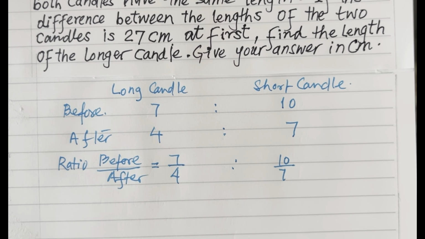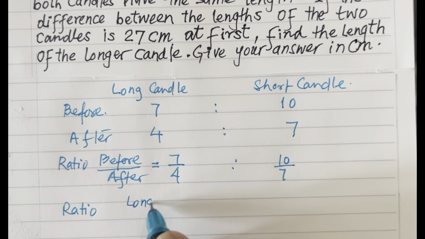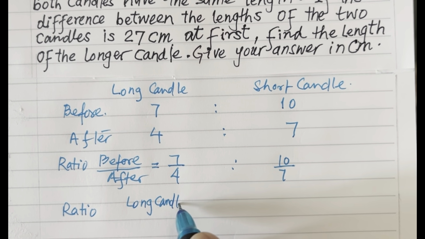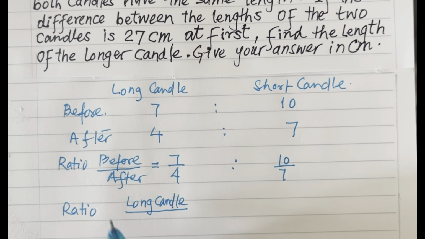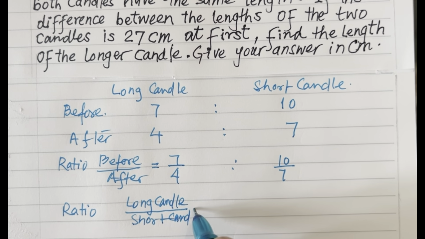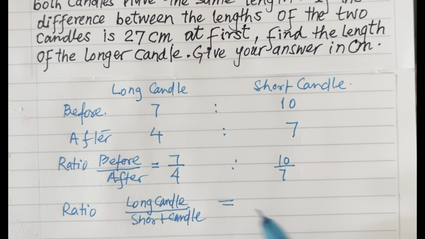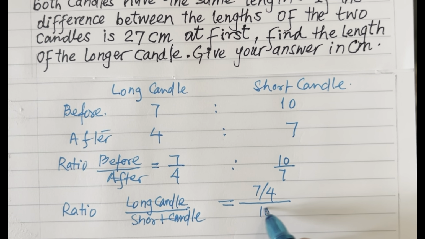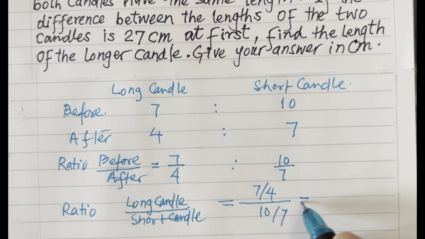So from this, the ratio of long candle to short candle can be given as 7/4 to 10/7.